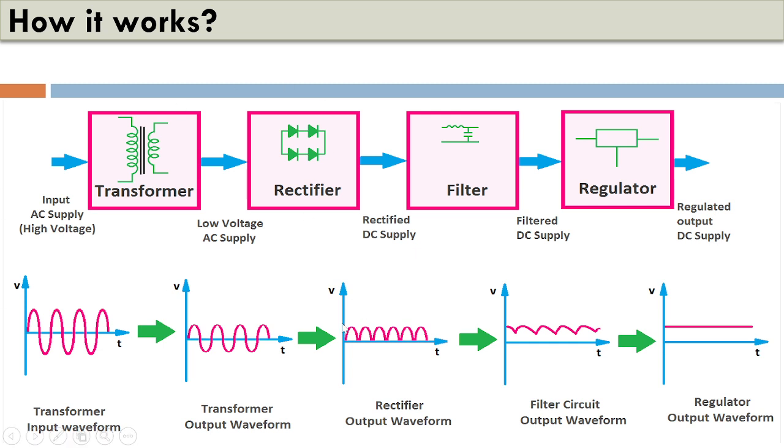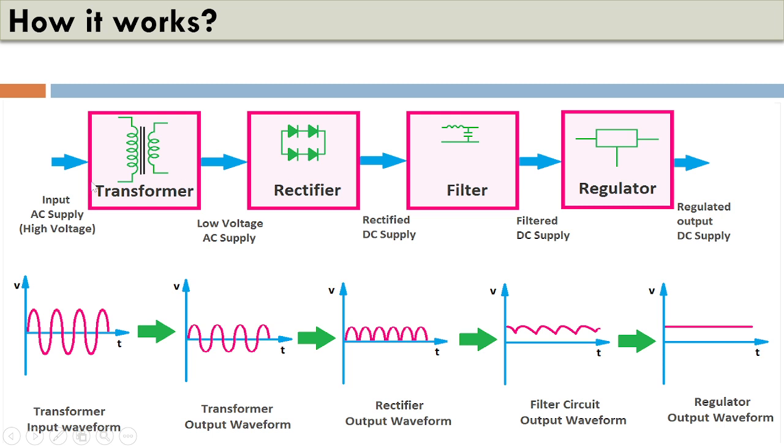In order to filter this, we have to have capacitors, and when we apply capacitors, the capacitor will smoothen out the pulses and we will get a DC at the output. So we'll get a filtered DC at the output. But we have to remember one thing: this particular section till the filtering is the unregulated part.